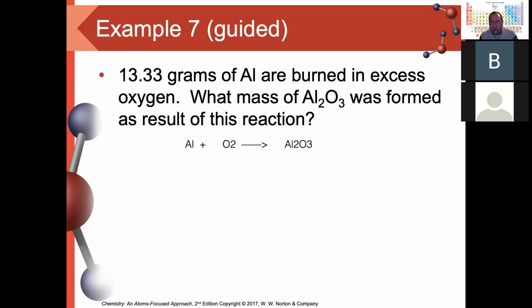From a balancing standpoint, we'll just do this by inspection. I've got a lowest common multiple issue to deal with here. I'm going to need 3 oxygens and 2 aluminum oxides to make the oxygens at 6 each. That means I'm going to have 4 aluminums. So there's my balanced chemical equation: 4 aluminum plus 3 oxygen makes 2 aluminum oxides.